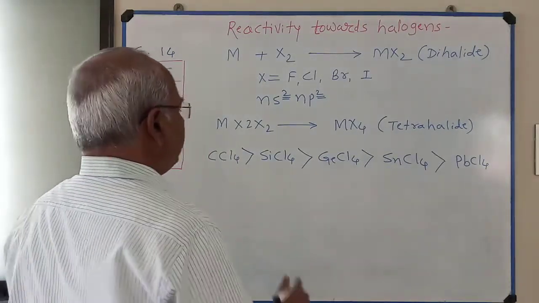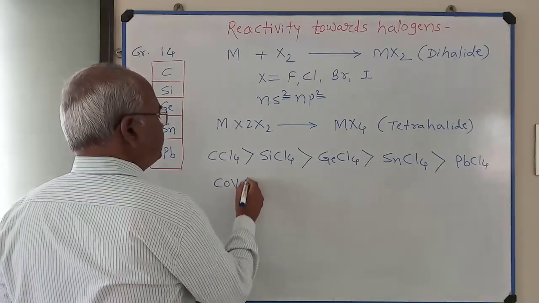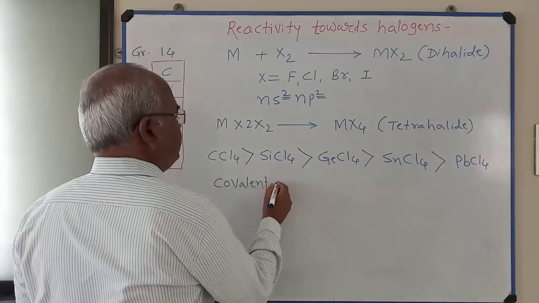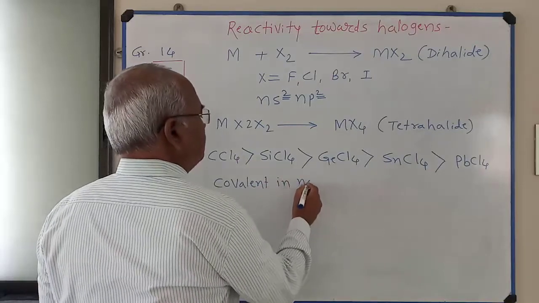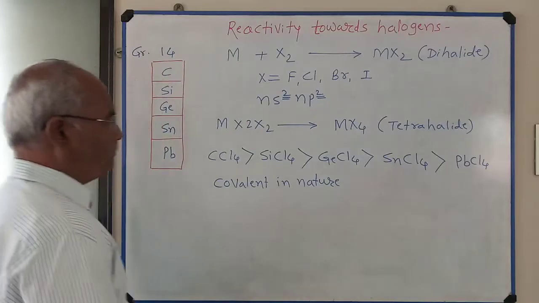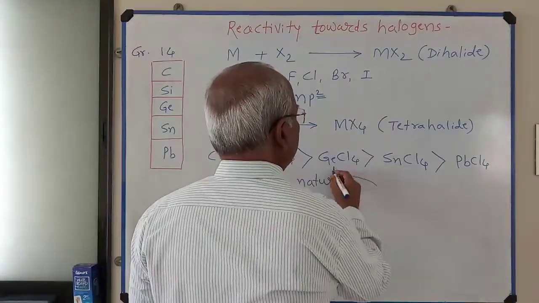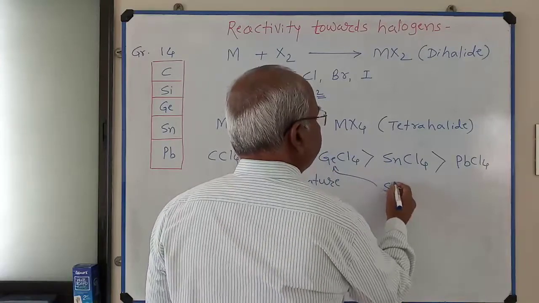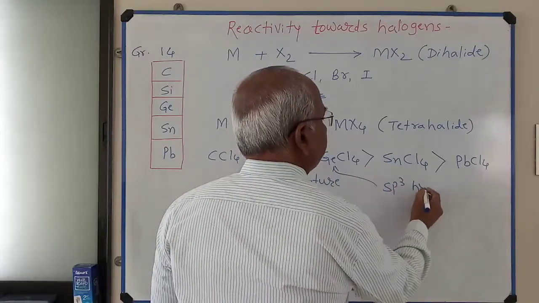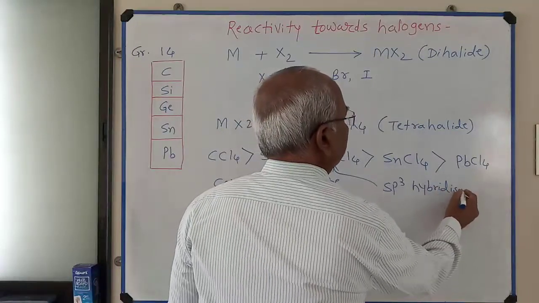These tetrahalides are covalent in nature. Most of the tetrahalides are covalent. These atoms undergo sp3 hybridization.